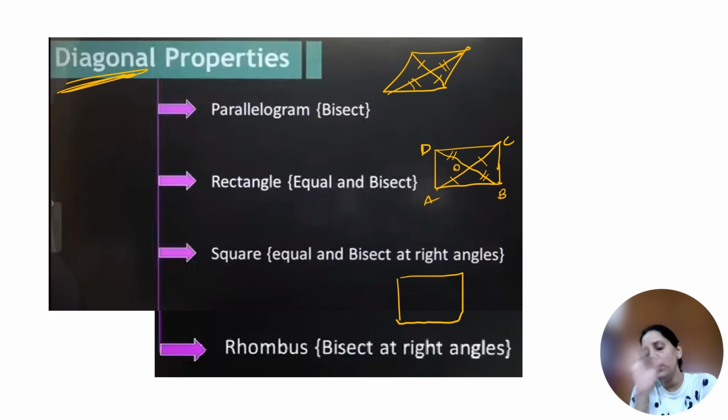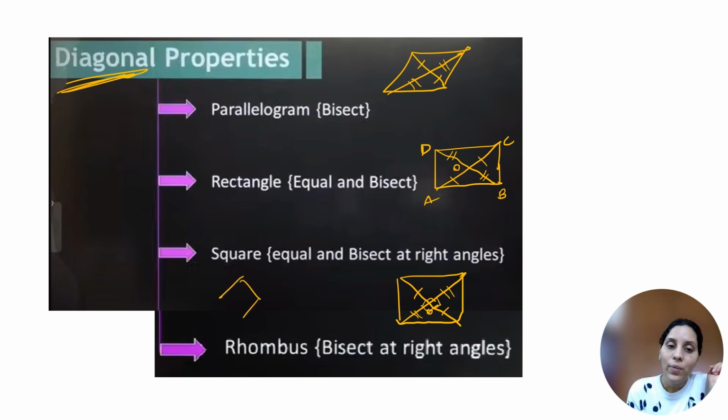It has all the properties in it. The diagonals are equal, the diagonals are bisected, as well as the diagonals are perpendicular, all at 90 degrees. So a square is special because it has all of it.